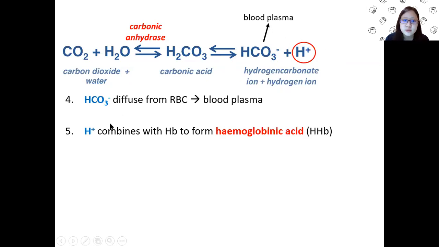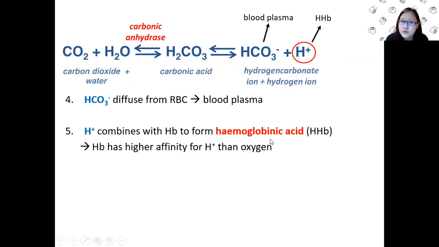Now, hydrogen ions, however, combine with hemoglobin. How crazy is that? They combine with hemoglobin to form something we call hemoglobinic acid, which is a mouthful, so I'll just call it HHb. But you need to remember this term, hemoglobinic acid. Now, HHb formation is because Hb actually has higher affinity for hydrogen ions than oxygen. It binds to hydrogen ions more readily than oxygen.